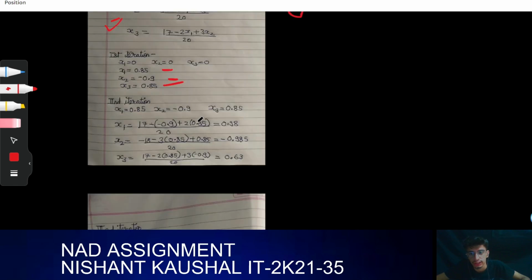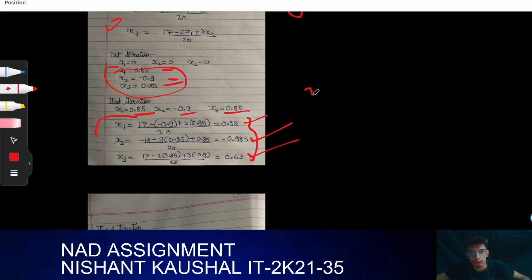Now, for the second iteration, we will take the values which come out of here: x1 equals 0.85, x2 equals minus 0.9, and x3 equals 0.85. By solving it, we find x1 equals 0.98, x2 equals minus 0.985, and x3 equals 0.63.